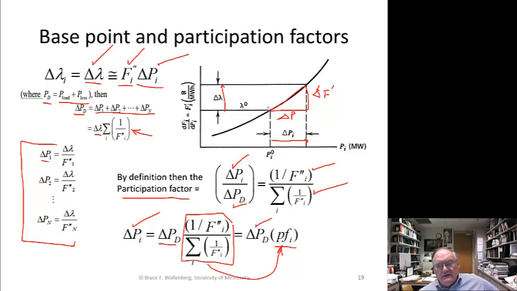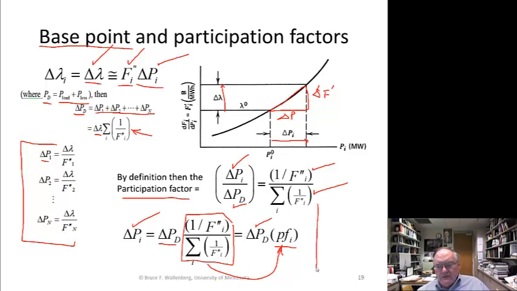We're linearizing around a point here, and it's not good for too far a change across the range of the output of the generator. But every time you do the economic dispatch, you'll update the so-called base point and participation factor. By the way, the base point is just the economic dispatch. So we have an economic dispatch, and now we have a way of going up and down around it.